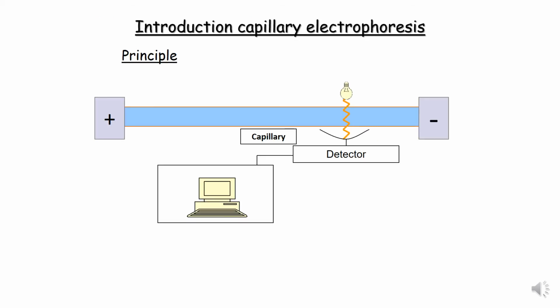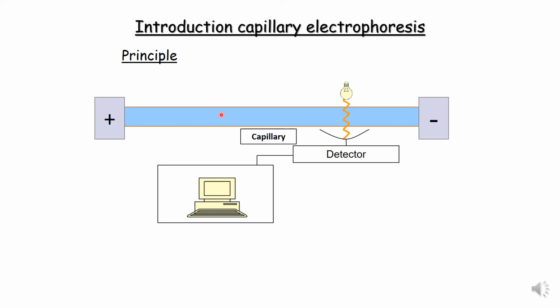So here is the principle of capillary electrophoresis. You see that this is quite similar to chromatography, but there are huge differences. The first difference is that this is a capillary here and not a column. The capillary is an empty tube. There is no stationary phase. This is only filled with a conductive liquid, named background electrolyte, BGE.